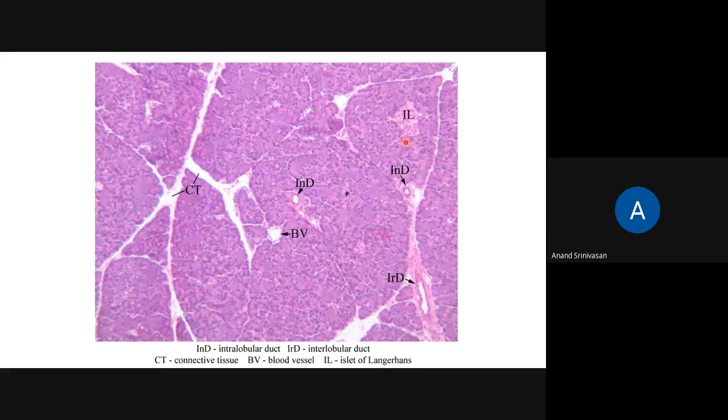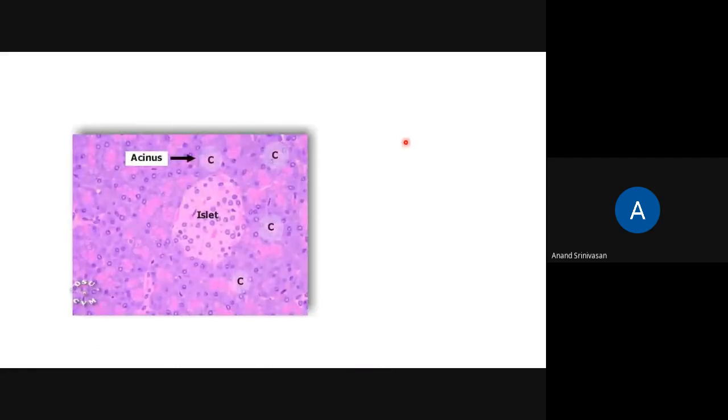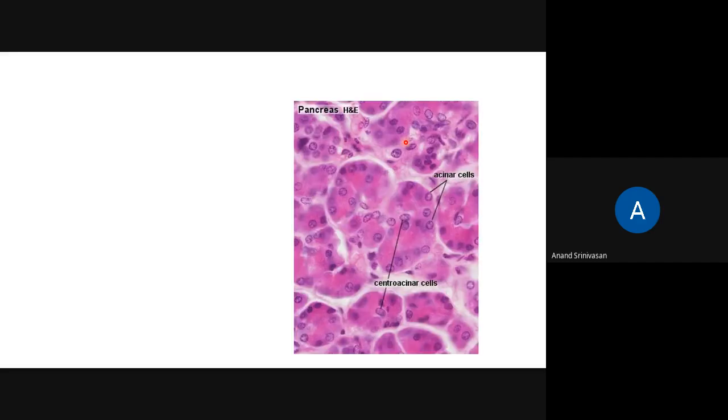Now what is present in the islets of Langerhans? This is the islet of Langerhans under high power. You can see that it is lightly stained, and this shows the location of the centroacinar cells.